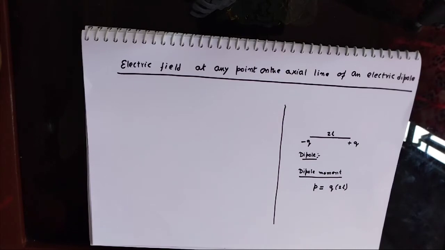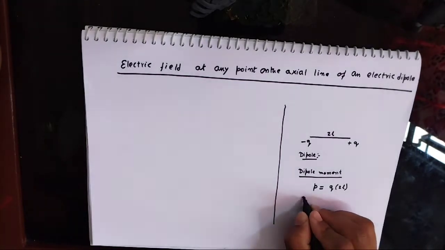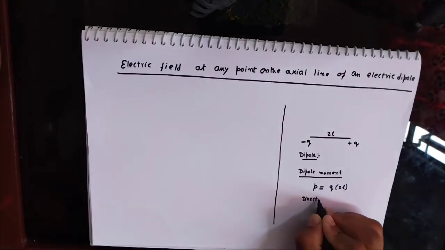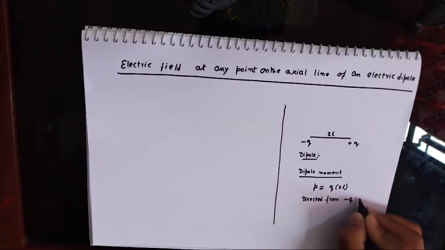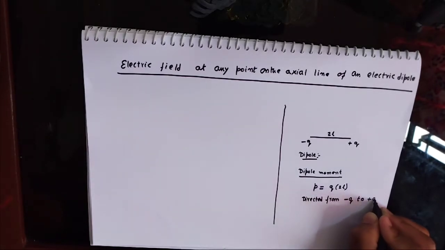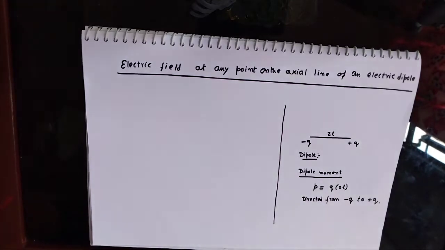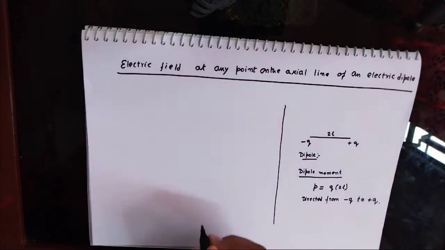Remember, this dipole moment is a vector quantity and it is directed from minus Q to plus Q. So having an idea of a dipole, now let us calculate the electric field at any point on the axial line of an electric dipole.